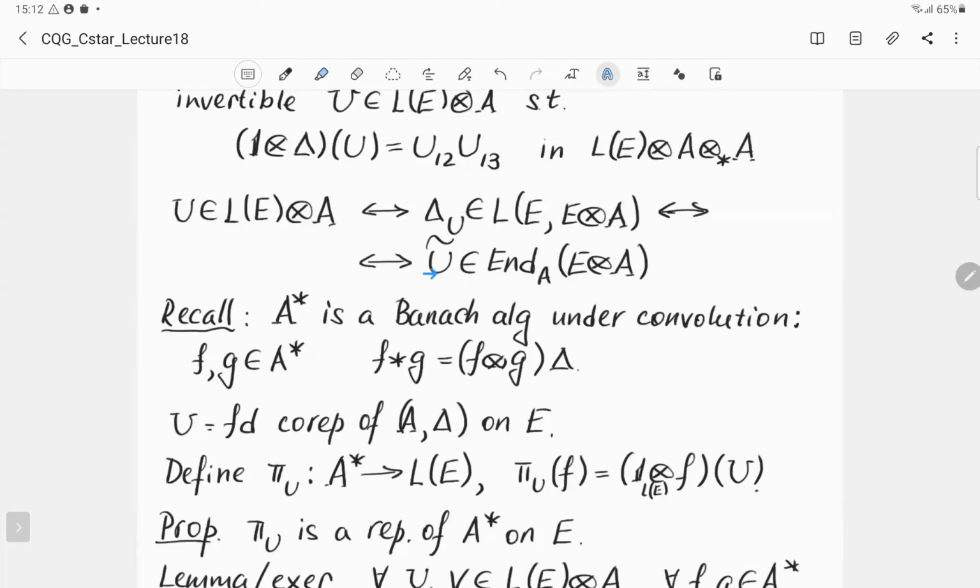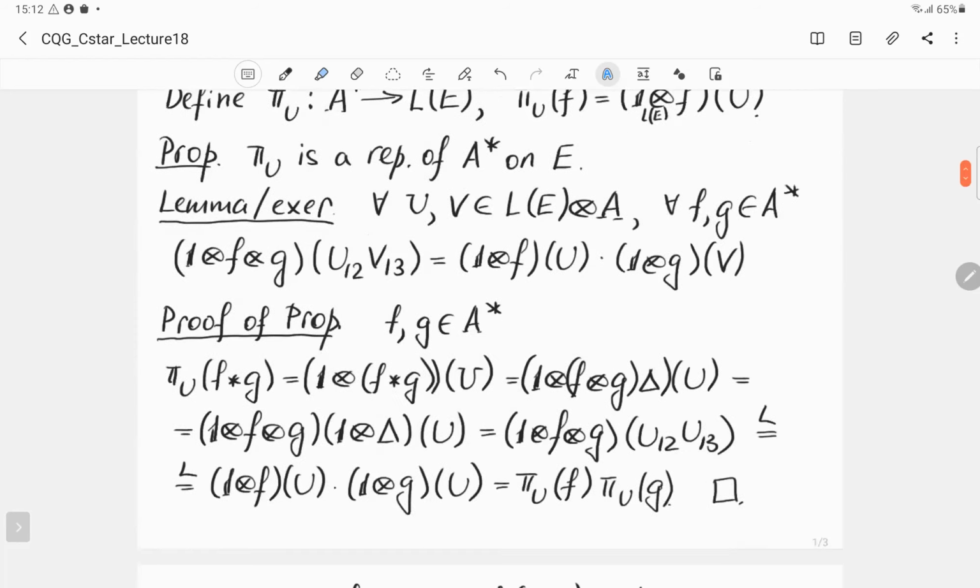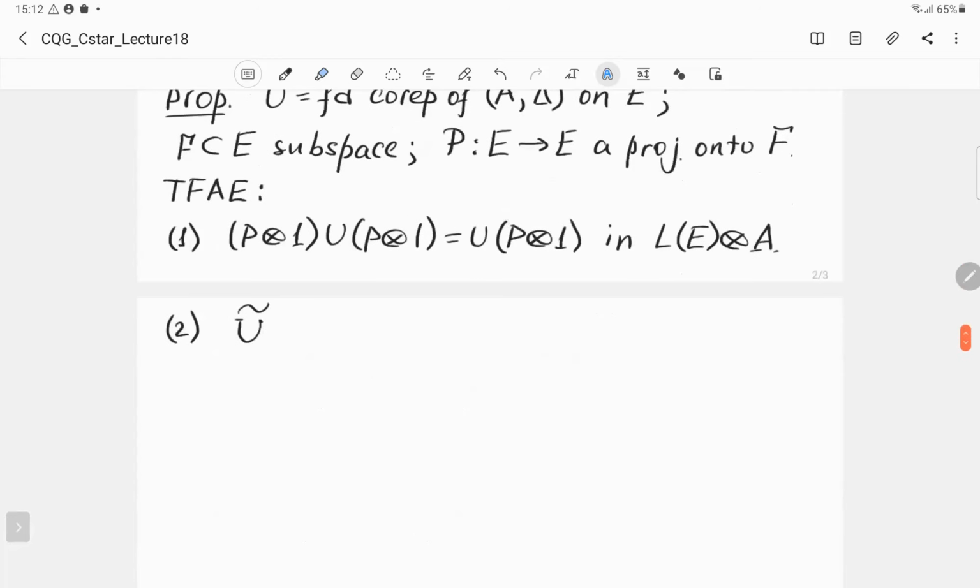U tilde acts from E tensor A to itself, and it corresponds bijectively to the element U under the canonical isomorphism between this algebra and this algebra. So property 2 says that U tilde takes F tensor A to itself. And property 3, delta U, which acts from E to E tensor A, takes F to F tensor A.